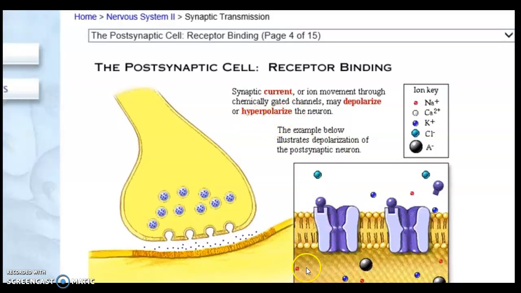If I go above -70 towards threshold, which is normally -55 to -40, then I am depolarizing. So opening up the neurotransmitter channels will either help us depolarize or hyperpolarize. It depends on which channel it is and what the neurotransmitter is.